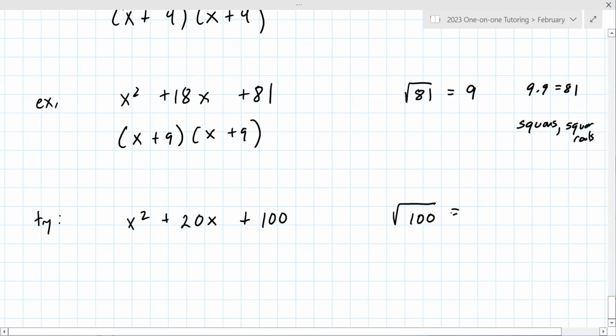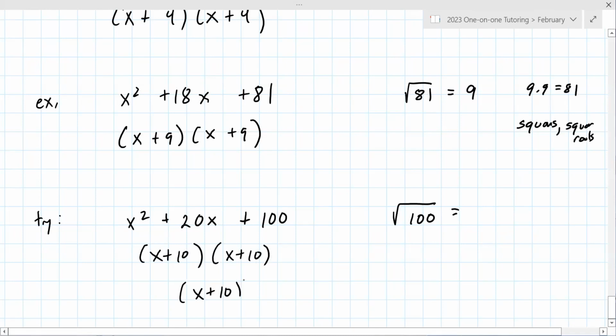Do you know the square root of 100? Is it 10? It is 10. So what is the answer down here? That would be x plus 10 times x plus 10. Yeah, or x plus 10 squared.